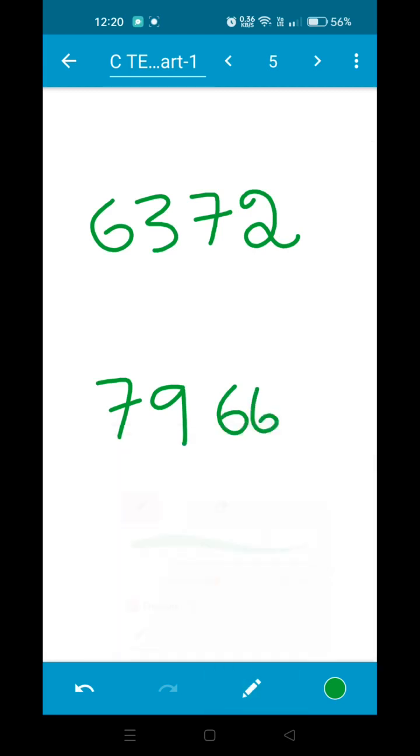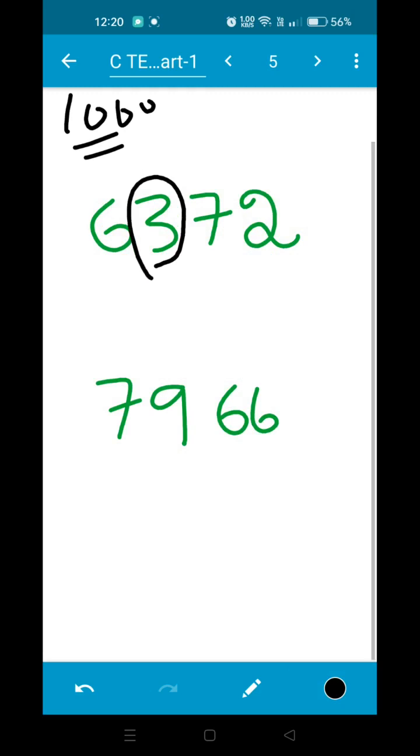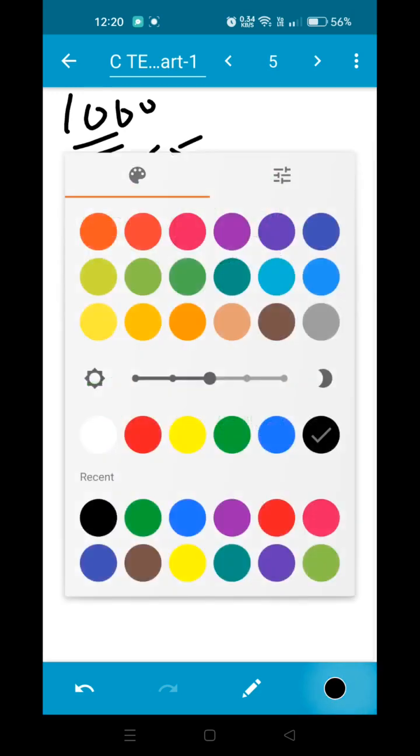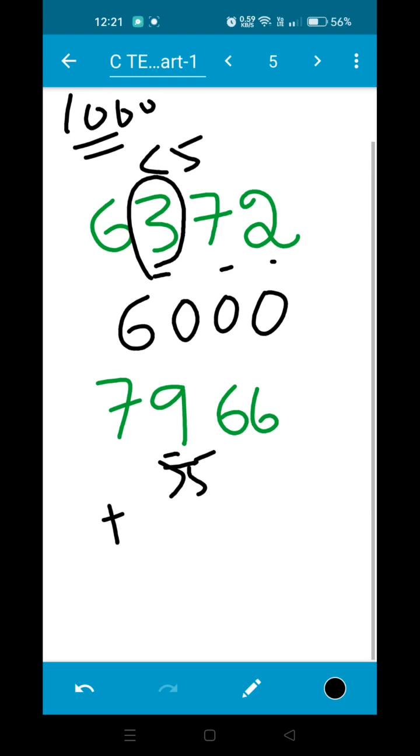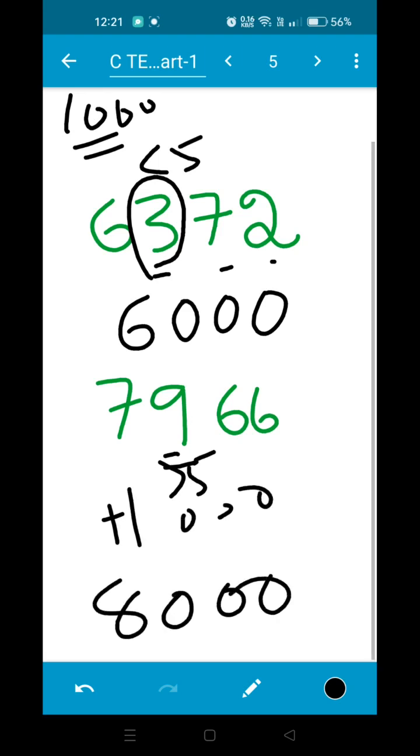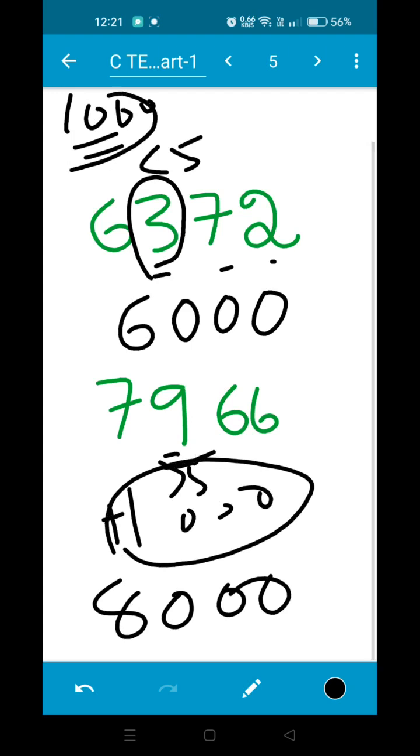Now let us see the nearest 1000 of another number. We verify the hundreds place. If it is less than 5, all zeros, so 6000. If it is greater than 5, we keep plus 1 and the remaining all zeros, which means 8000. So this is the nearest 1000 concept.